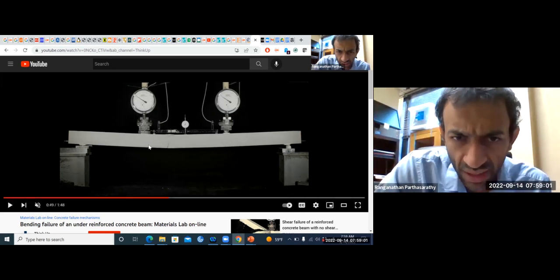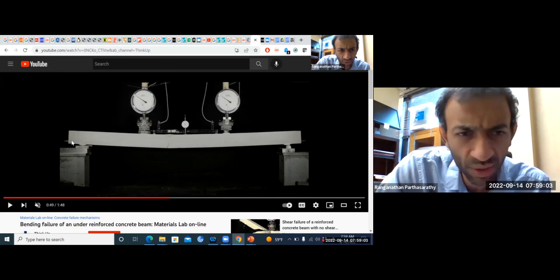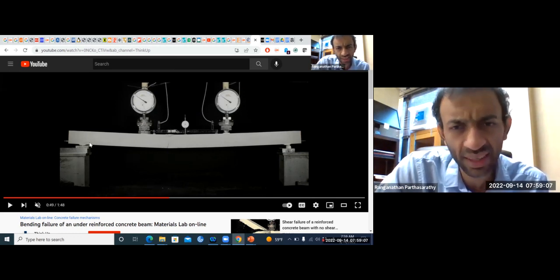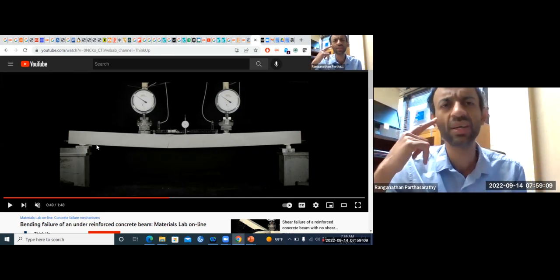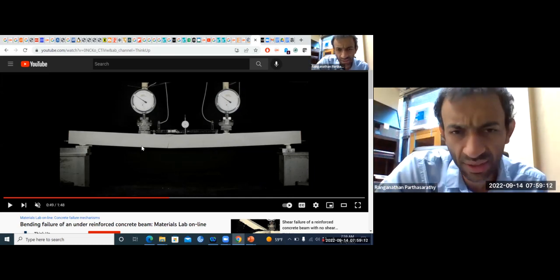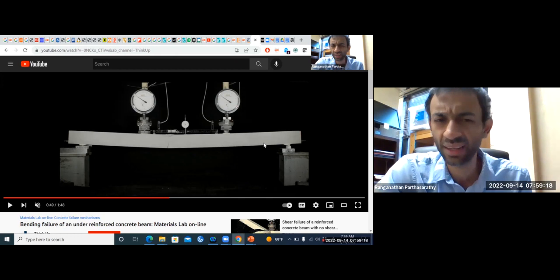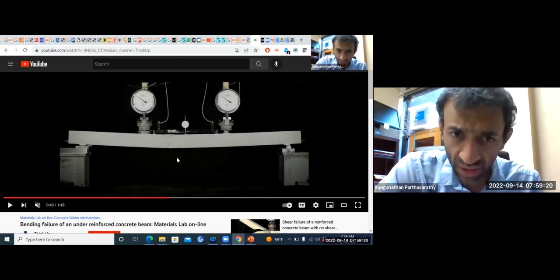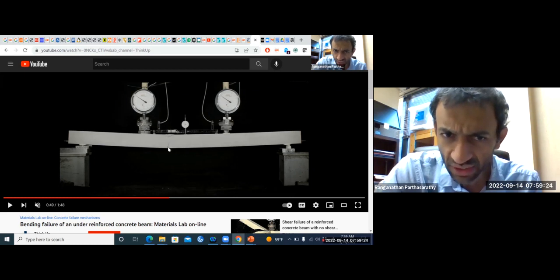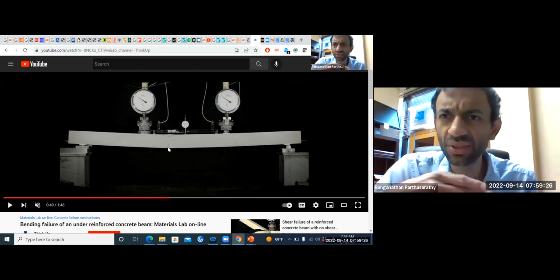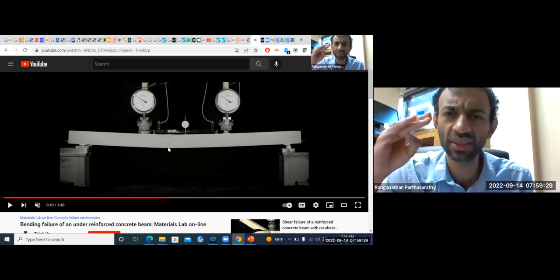Now, of course, the whole thing is not cracked. You have places where it is uncracked, as we discussed for your serviceability calculations. Some sections are cracked, some sections are uncracked. But for our strength analysis, we take that everything below the neutral axis, the concrete has already cracked, so it is not effective in tension.